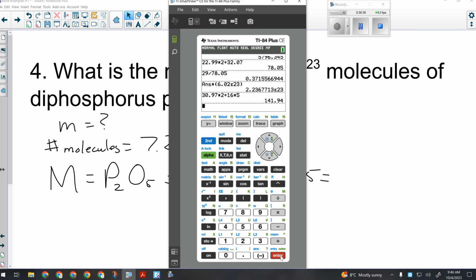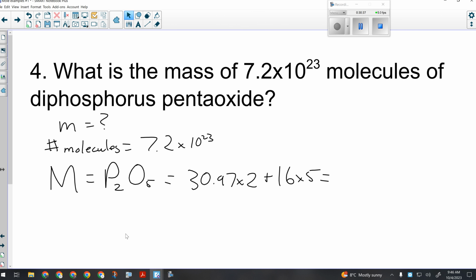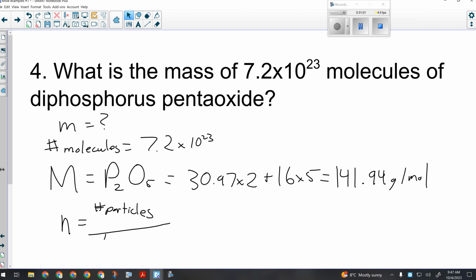So 141.94 grams per mole. All right, if I want to get little m, what do I need? N. All right, and I can calculate n if I know the number of particles and Avogadro's number.